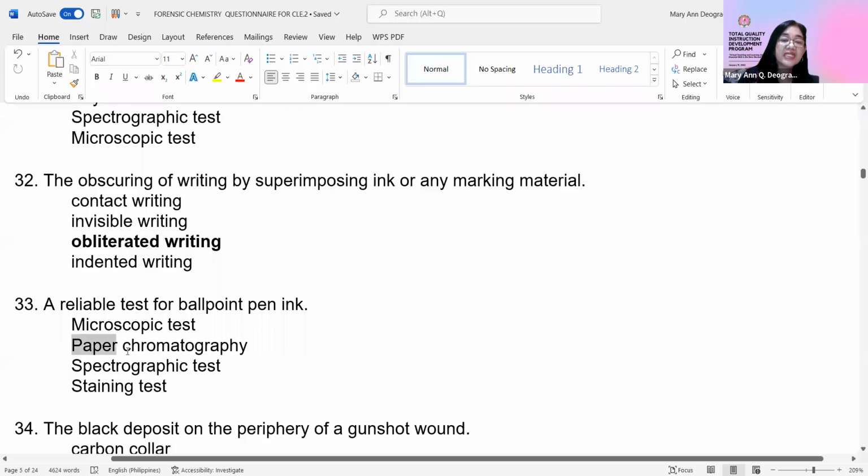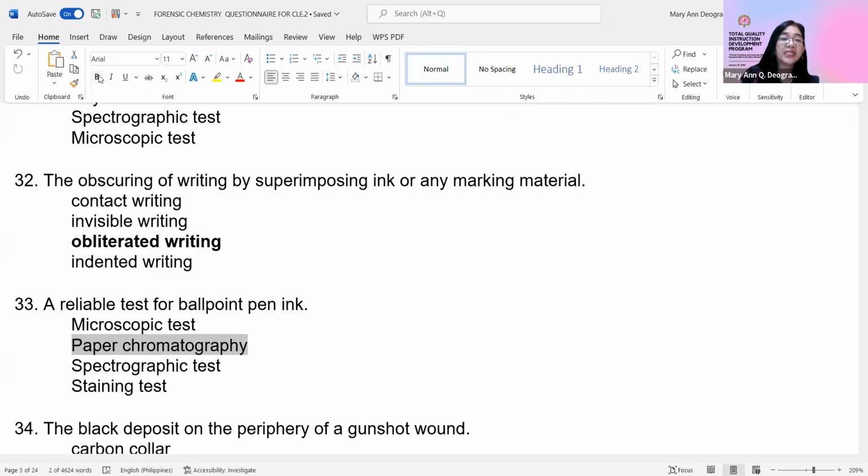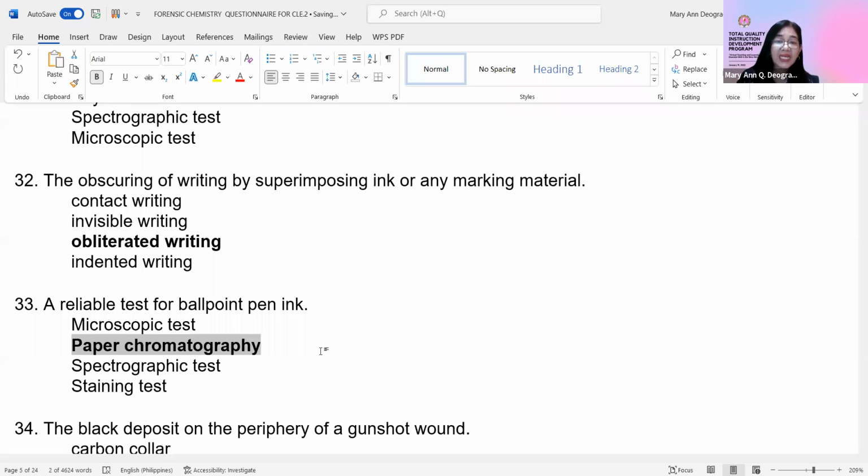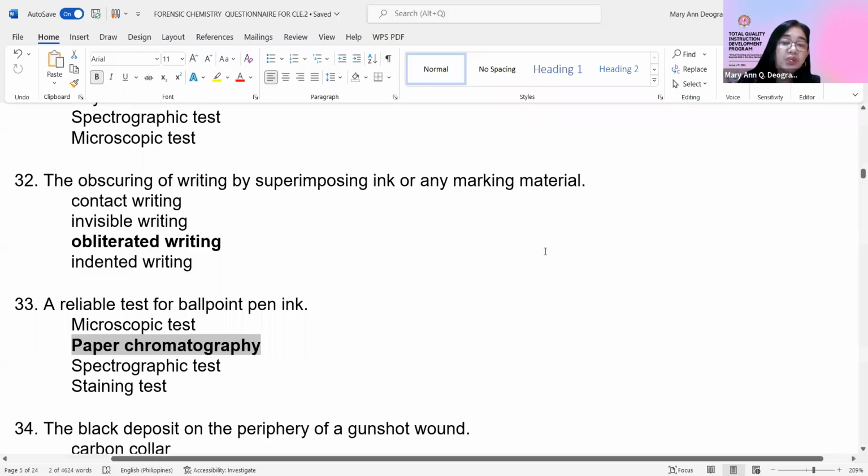Okay, so this is the most reliable examination conducted in the analysis of ink, especially when we would like to determine whether ballpoint pen ink came from the same source, or whether two pieces of documents are identical or not. Meaning, kung yung ink writings na ginamit, halimbawa sa dalawang document ay pareho lang na ballpoint pen ink or hindi. So, we can determine that using the paper chromatography.